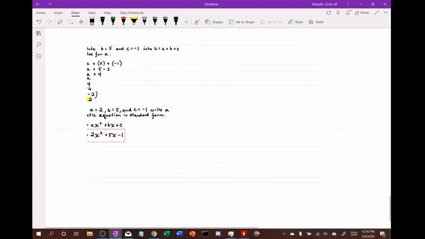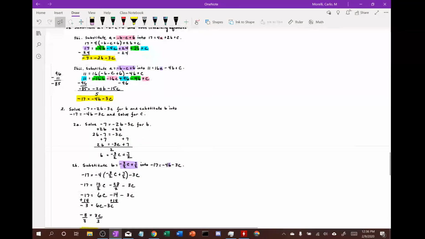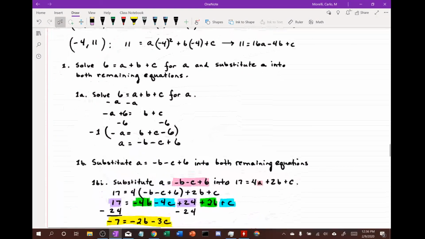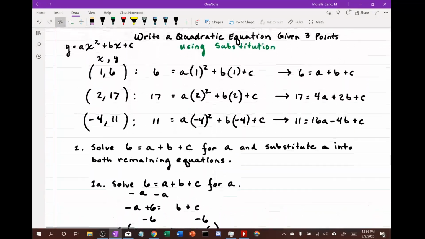Here is the totality of the work that was done. Scroll down, starting from the top.